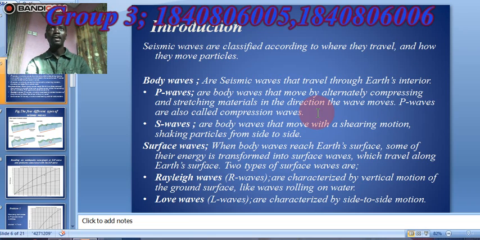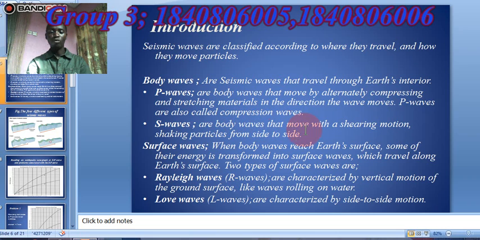They are like, in fact, longitudinal waves, because in the case of longitudinal waves, the particles move in the same direction as the wave is traveling. So this is what the P wave does. And we have the S wave.